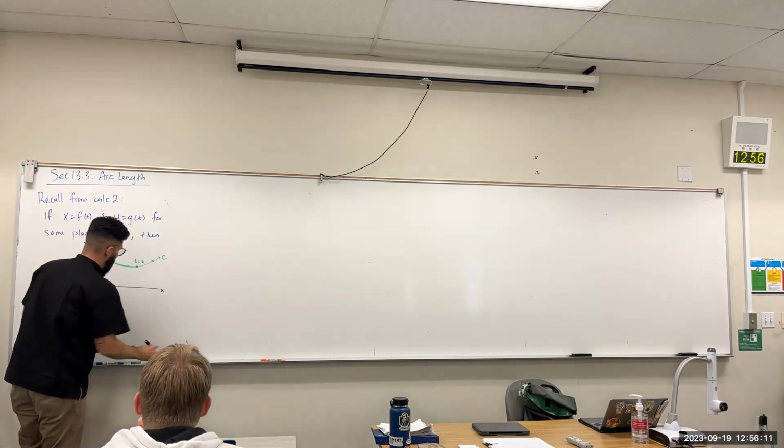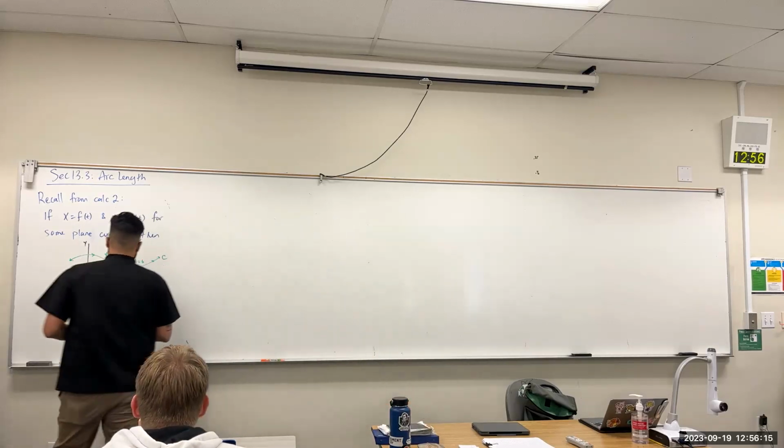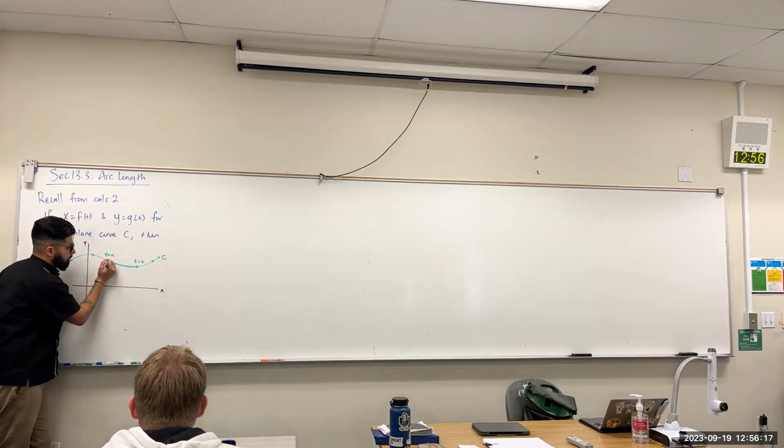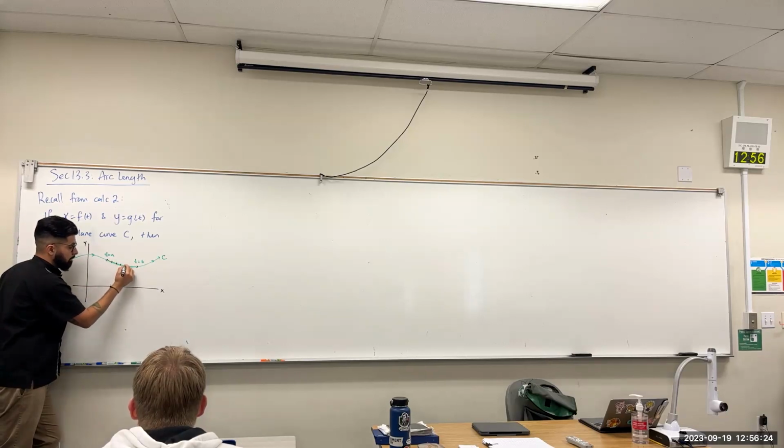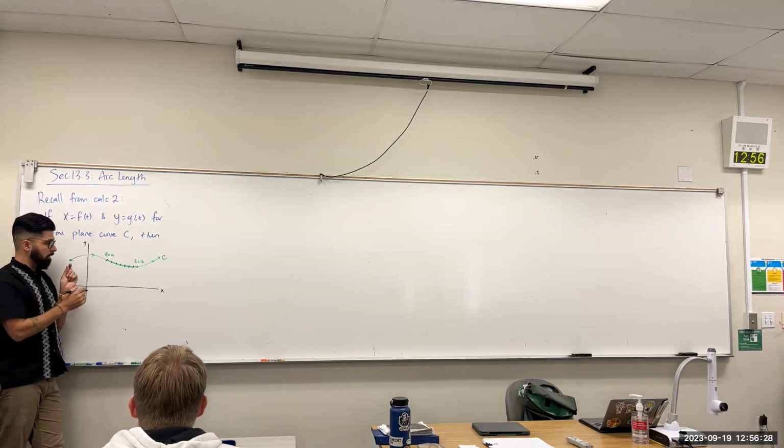Okay? And so what you did, to remind you here, is you broke up, you said here's t equals A, here's t equals B, and then you broke up this curve into tiny little sections. Okay?